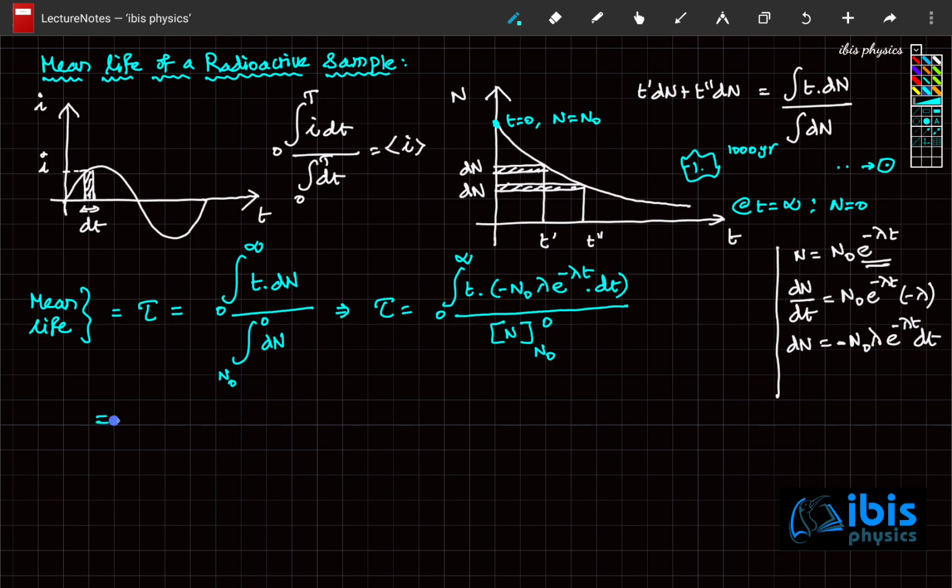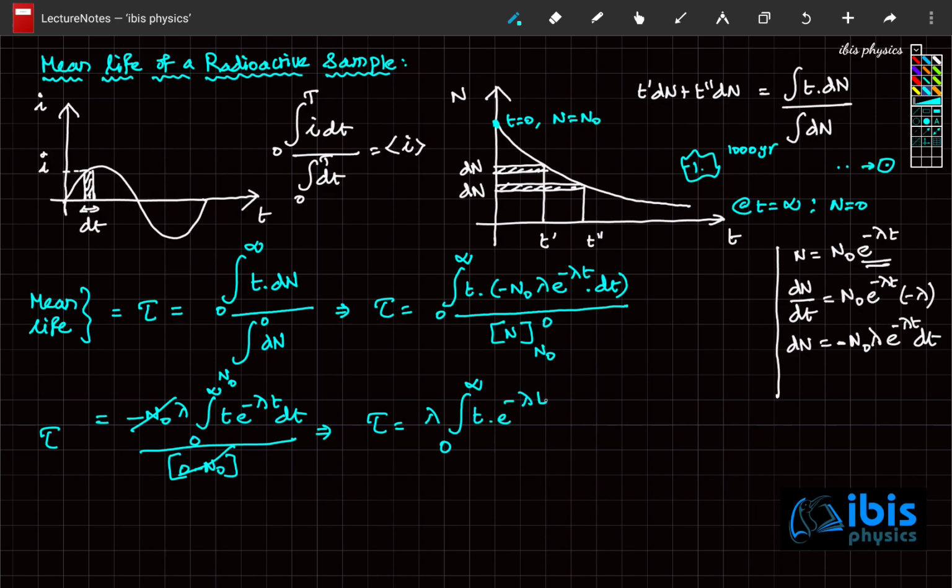So let us take the constants out: minus N0 lambda to be taken out, integral 0 to infinity t e power minus lambda t dt, whole divided by upper limit 0, lower limit N naught. So 0 minus N naught, so minus N naught, and this minus N naught will be cancelled. Hence our tau value is equal to lambda into integral 0 to infinity t e power minus lambda t dt.